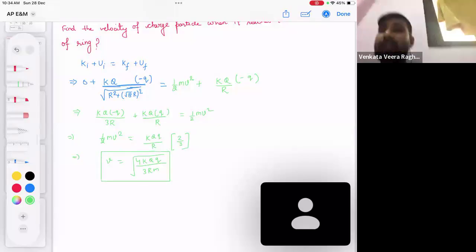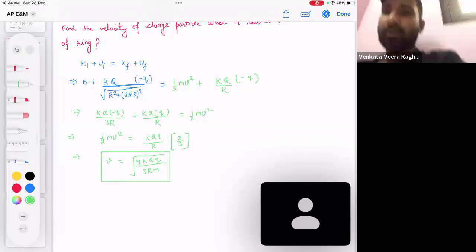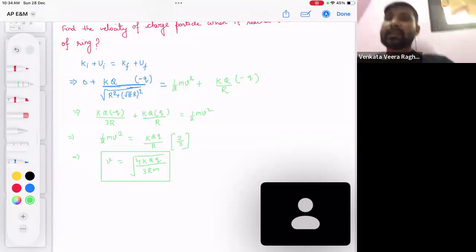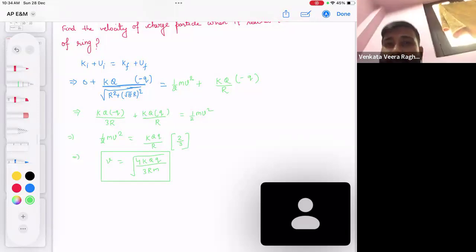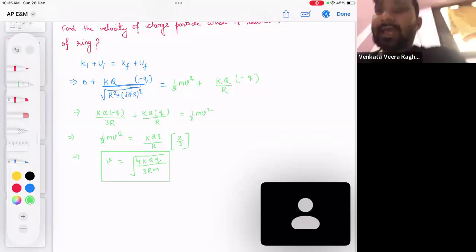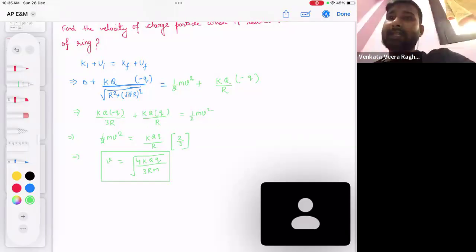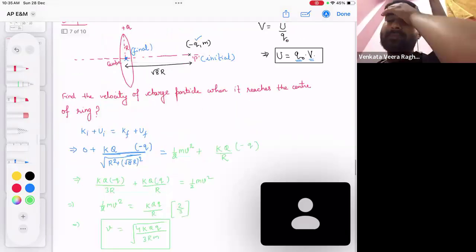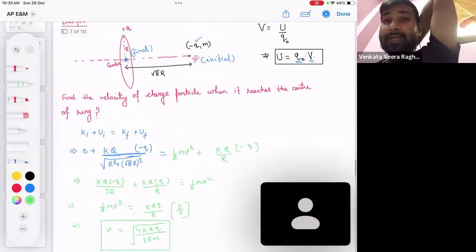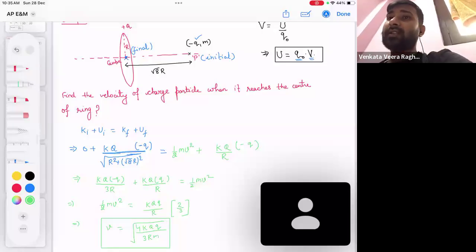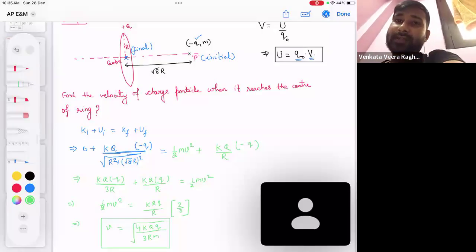So here we again used energy conservation only. But what is the difference between this question and the earlier question? In the earlier question we had point charges. All the particles involved in the motion were point charges, so we could directly use K Q1 Q2 by R to calculate the potential energy.